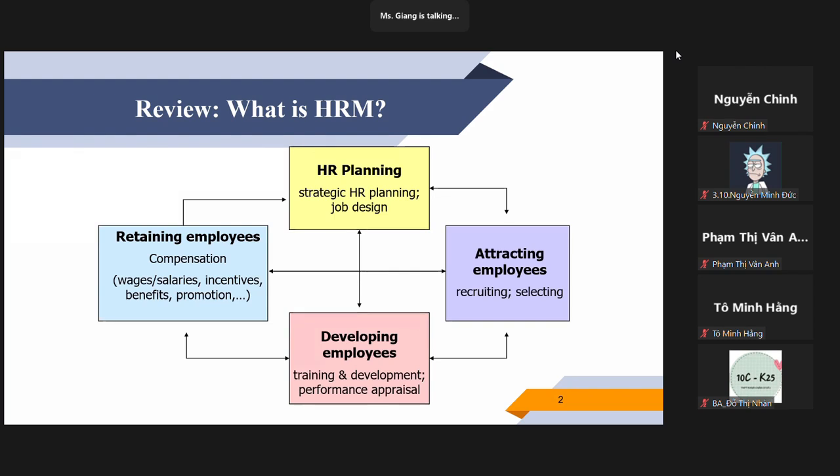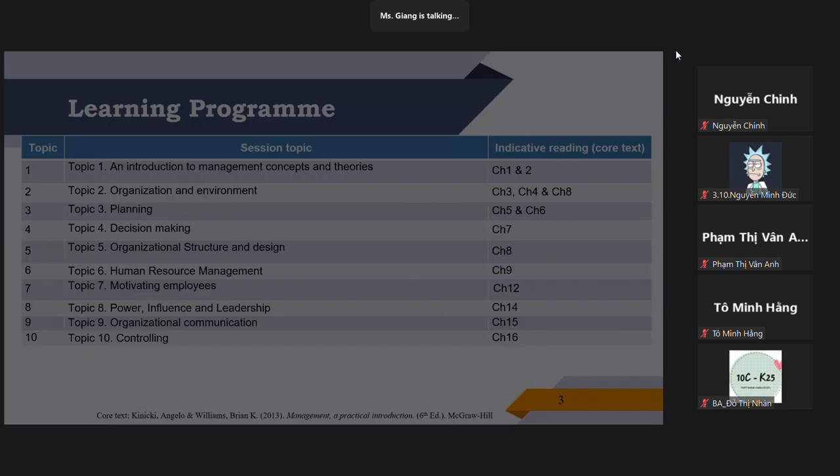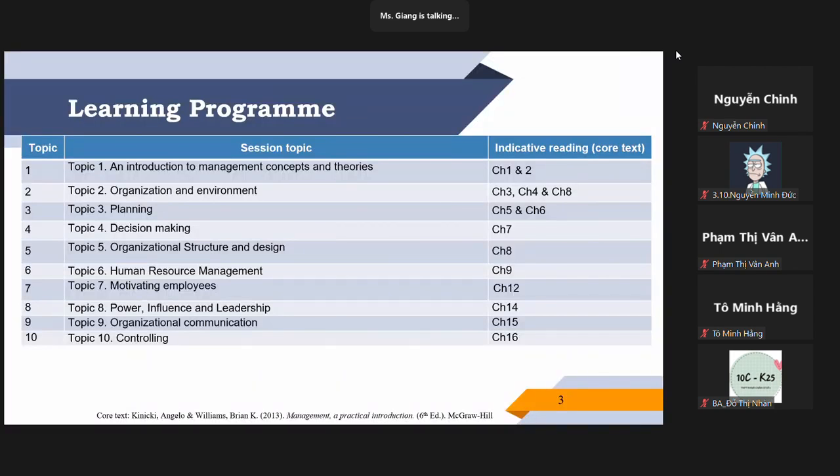In other words, it will give us some ideas for developing the compensation policy. It is the topic about motivation, motivating employees, and the reference for reading for this topic is in chapter 12. You can find out the materials in chapter 12.